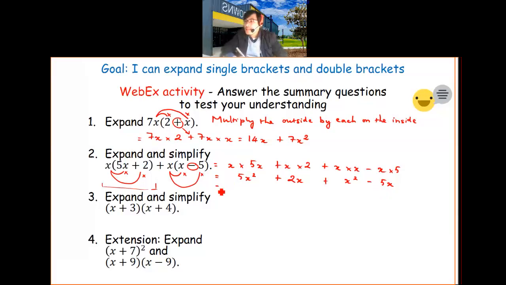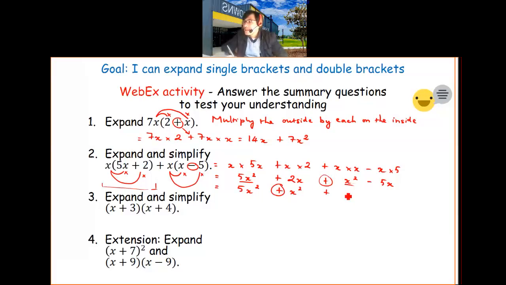Then the next step, I see we've got 5x squared and x squared. We can combine them together. So let me just rewrite this. So 5x squared plus x squared. The plus sign here comes from this one here, I bring the plus sign along with the x squared.